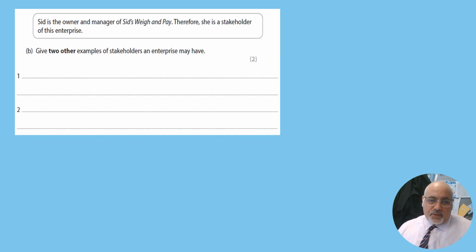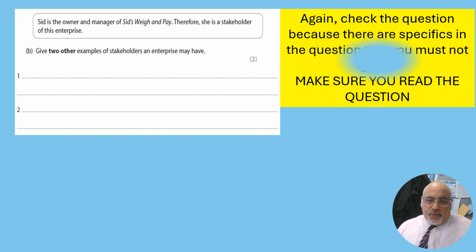So here's another question that carries 2 marks, but is a give question, which means it's just theoretically based. I want you to take note again though of the stem and the question. The stem being the words in the little table at the top. The question asks for 2 other examples of stakeholders.